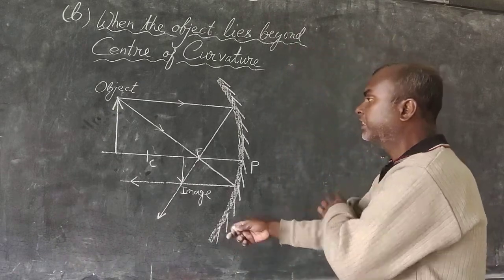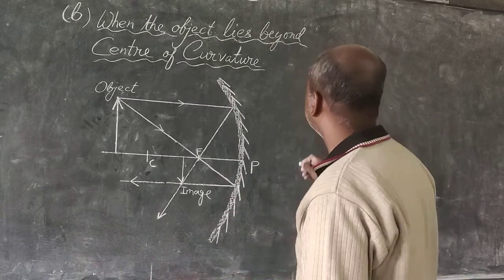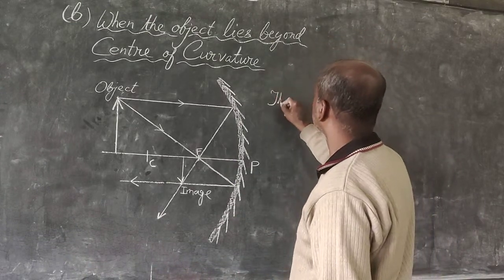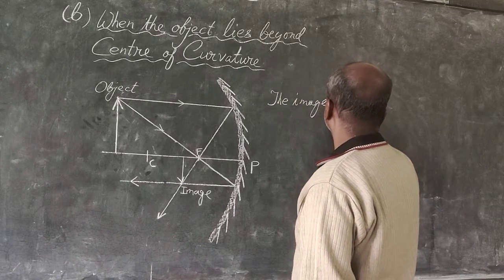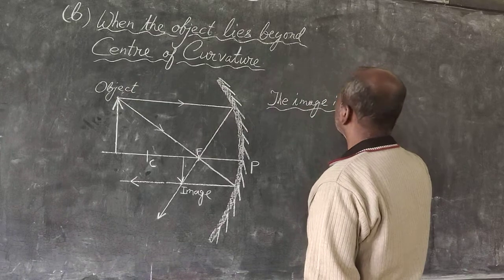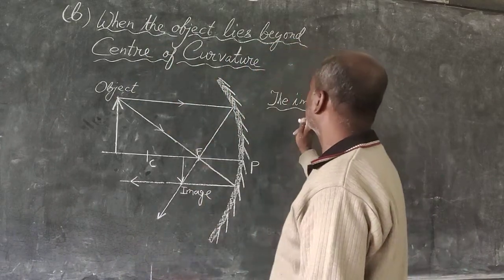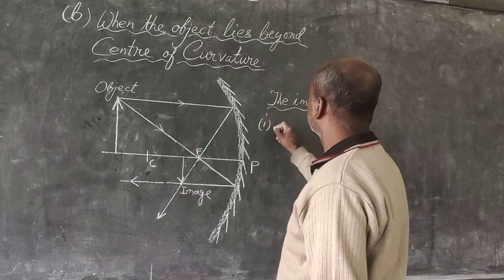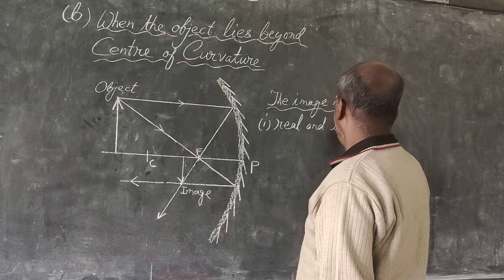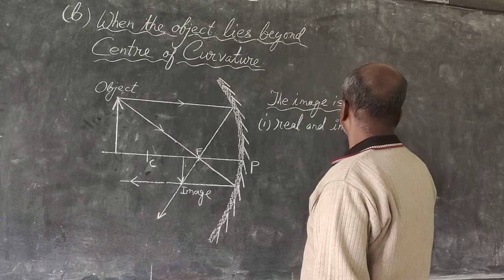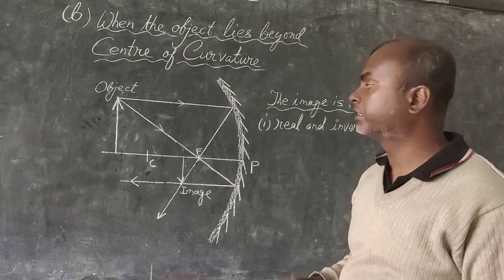Now, let us discuss the characteristics of the image that we have formed by using the ray diagram. I am talking about the image when the object lies beyond the center of curvature. The image is, number 1, real and inverted. I hope you understand now why we say that the image is inverted.